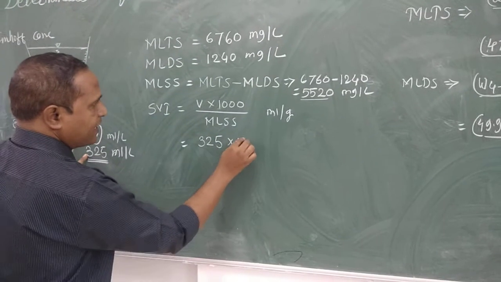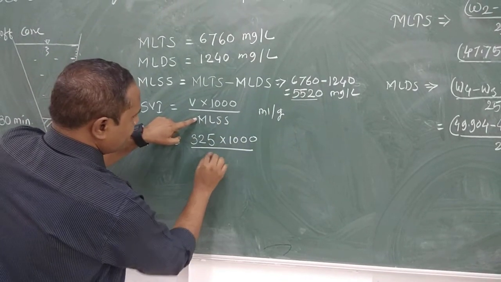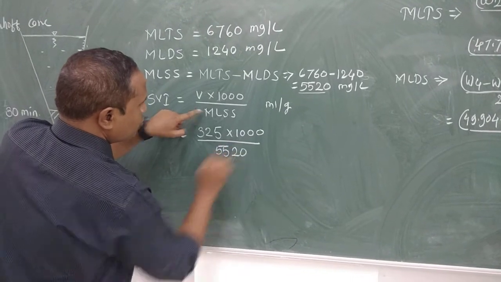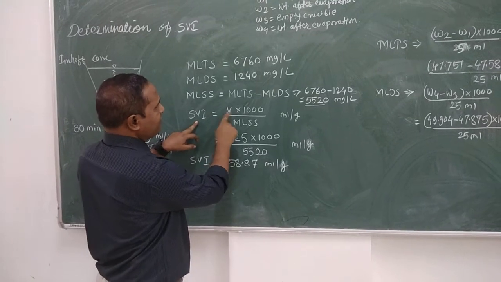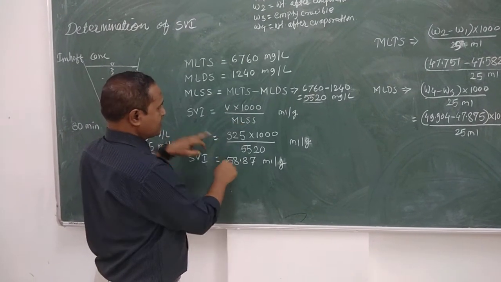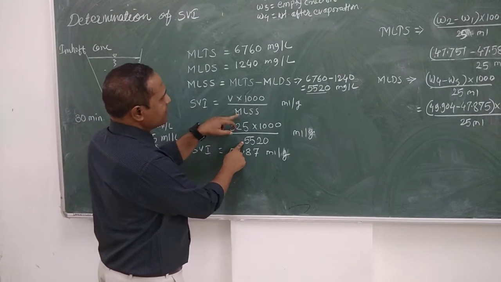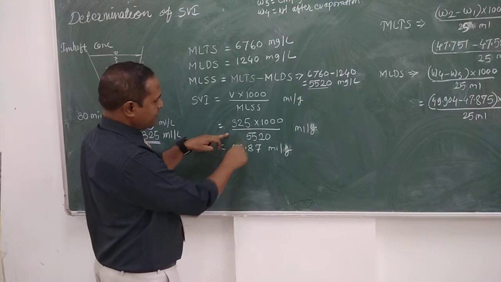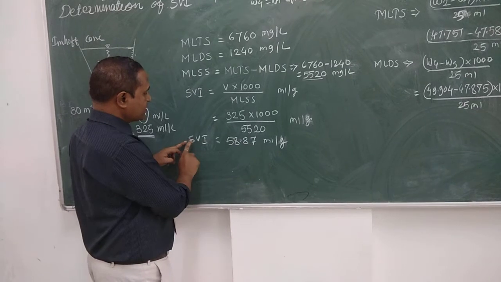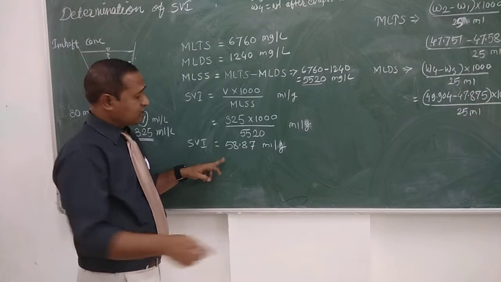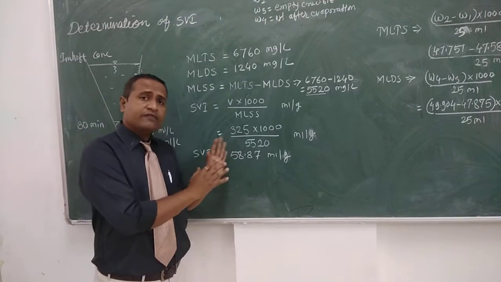Our V is 325, multiplied by 1000, divided by 5520. This calculation comes to around 58.87. So your sludge volume index for this particular sample is 58.87.